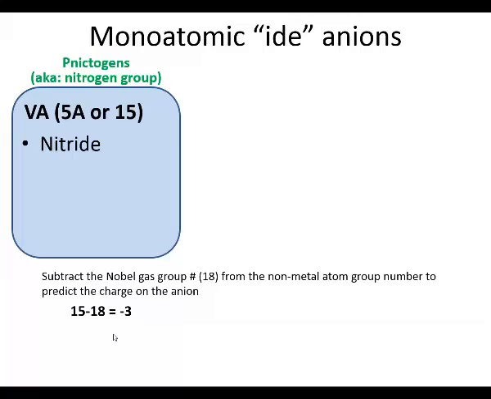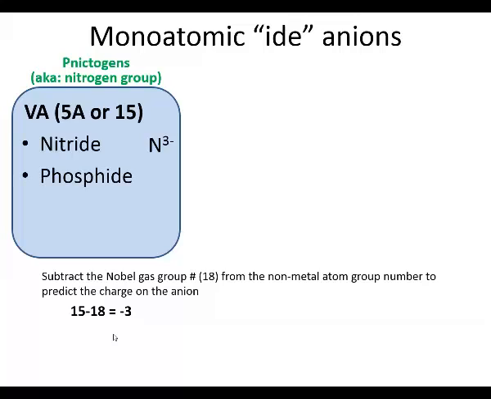That predicts how many electrons nitrogen would need to gain to have the same number of electrons as the nearest noble gas that follows it. So nitrogen would need to gain 1, 2, 3 electrons to have the 10 electrons that the nearby neon has. That provides extra stability. So that's the charge of this monoatomic anion with the ide ending.